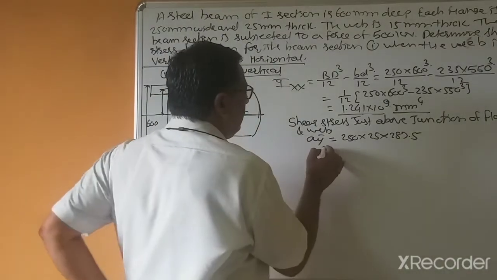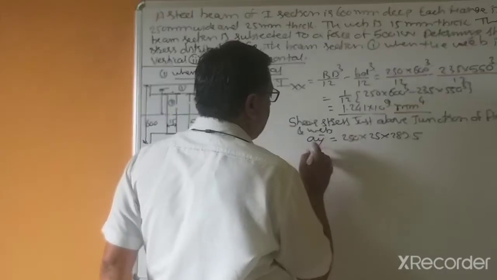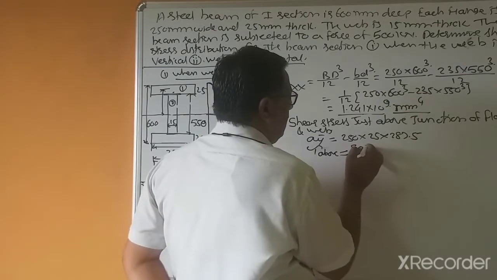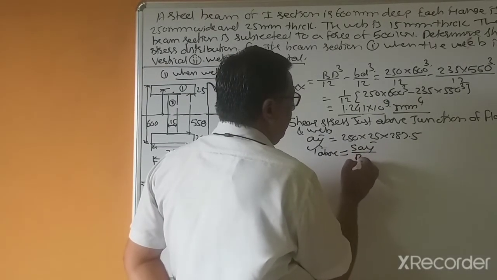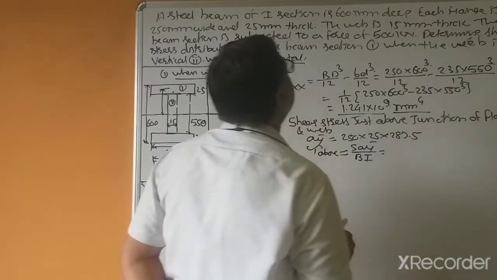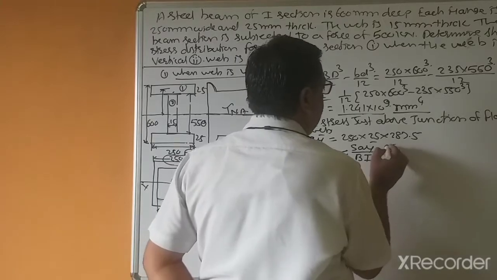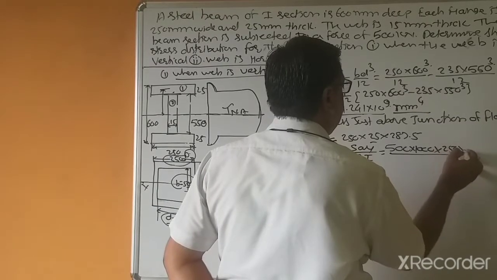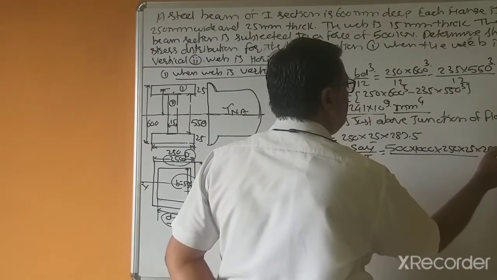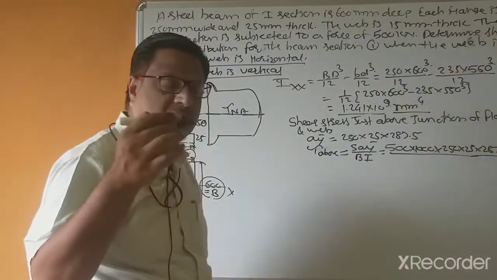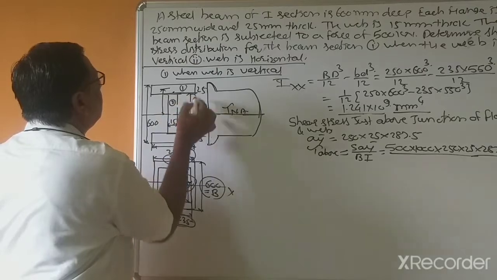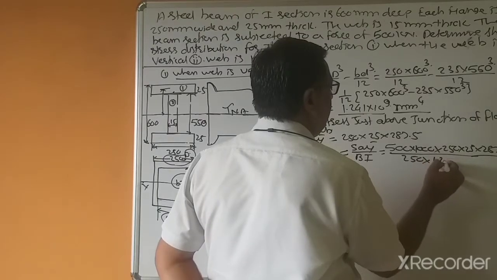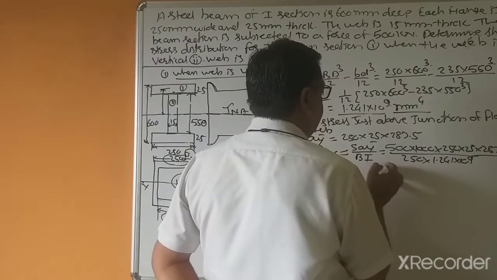So the shear stress above equals S A y bar divided by B I. S equals shear force 500 kilonewton, meaning multiplied by 1000, A y bar is 250 into 25 into 287.5, and capital B just above means the width equal to 250, and I is 1.241 into 10 to the power 9.